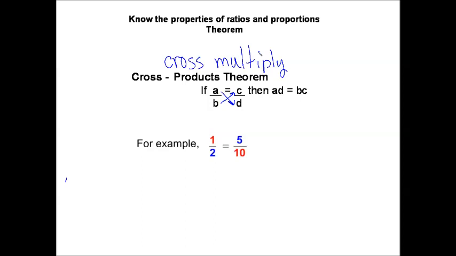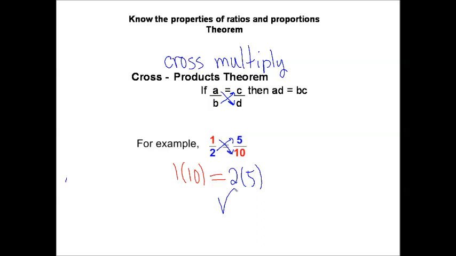So if I look at this, 1 times 10, and then 2 times 5. 1 times 10 is equal to 2 times 5. Why, yes, it is. They're both 10.